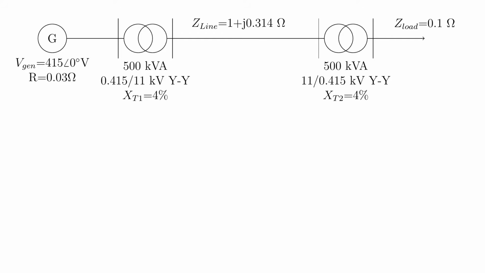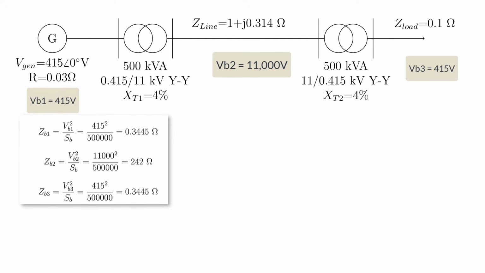Well, we'd be silly here not to choose 415 volts in zone 1 because that matches the operational rated voltage of the generator, and it also matches the voltage rating of the transformer. Next, we calculate the base impedances for each zone. So again, we just do V squared divided by S base in each zone.